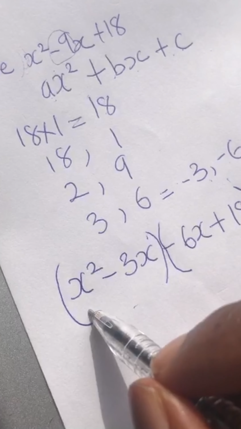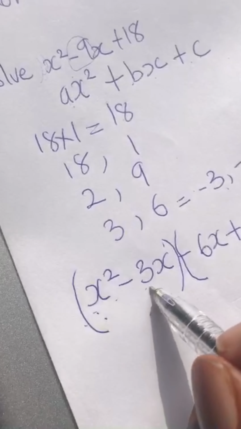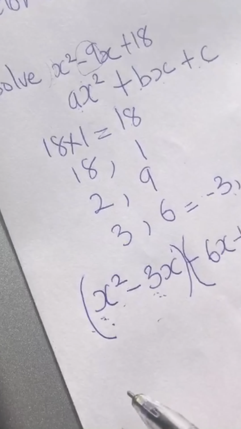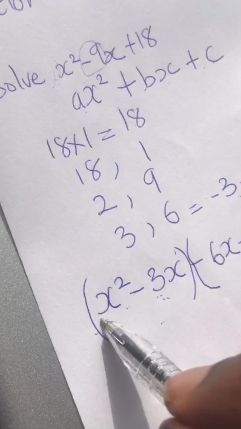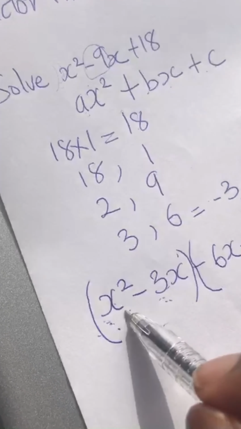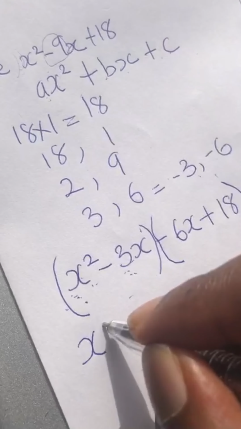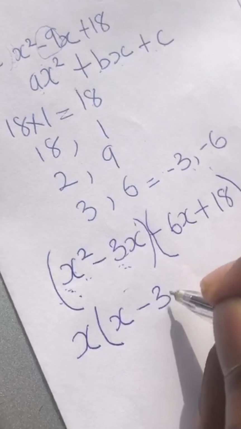Looking at this side, what is common between these two terms? X is common. This is x squared, this is 3x. X is common, so we can factor x out, and then it will become x minus 3.